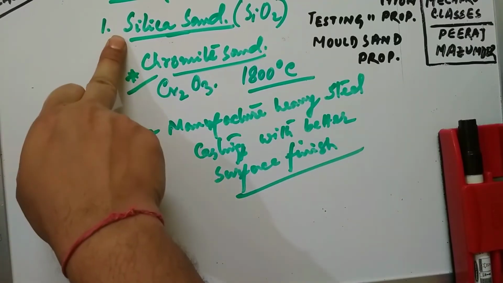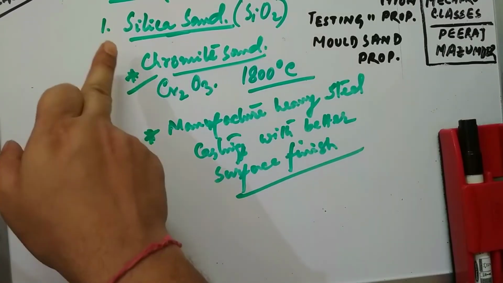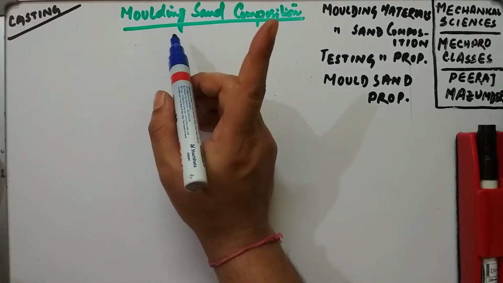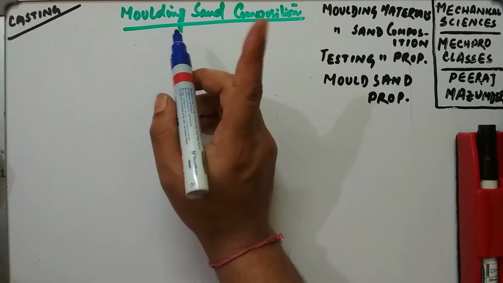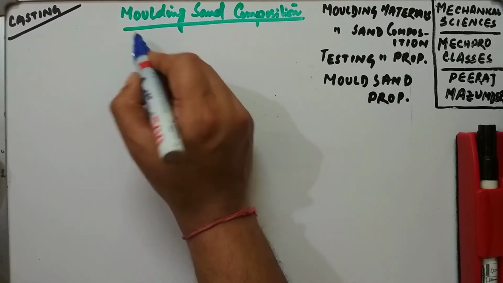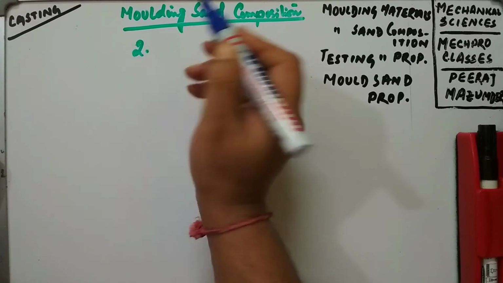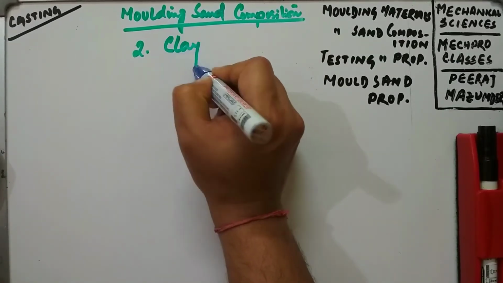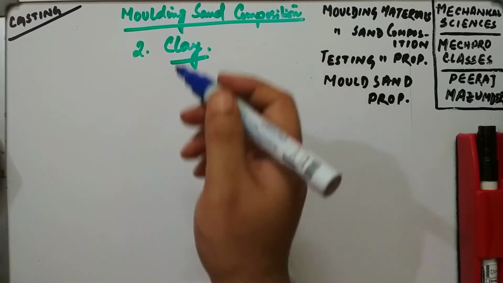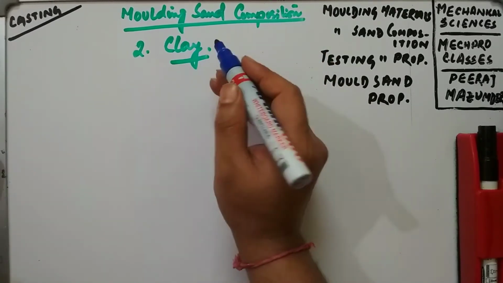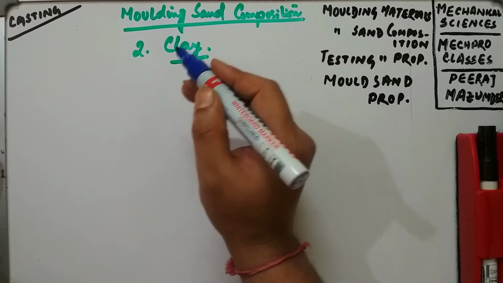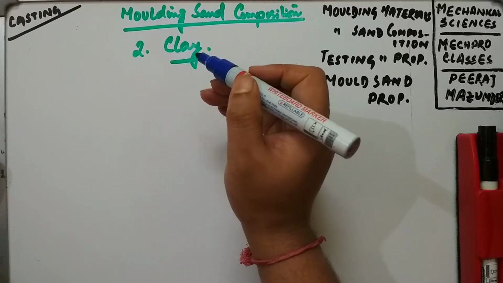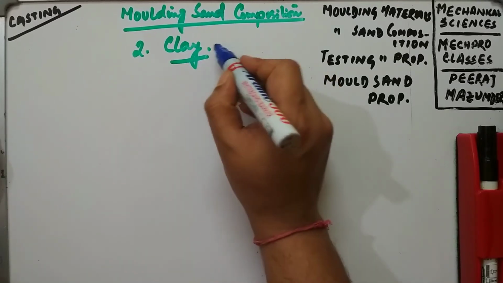The first property we have discussed, the first ingredient, you can say, is the silica sand. Now the first most important or principal ingredient was the silica sand, and the second ingredient of the molding sand composition is clay. Clay is generally used with silica sand, and is known for its binding ability.